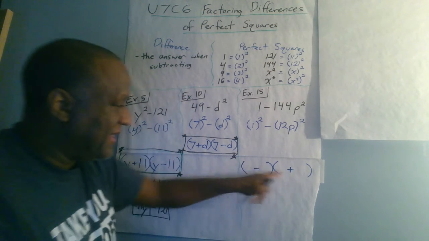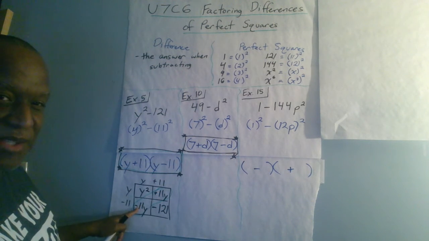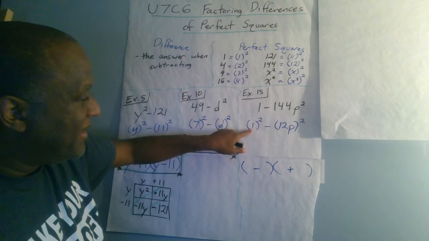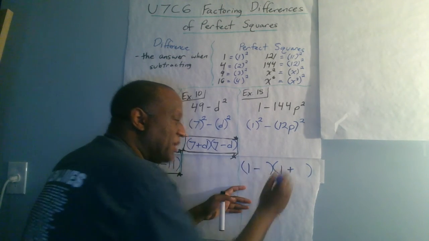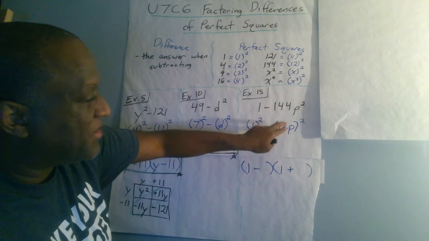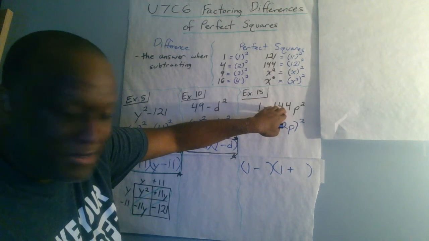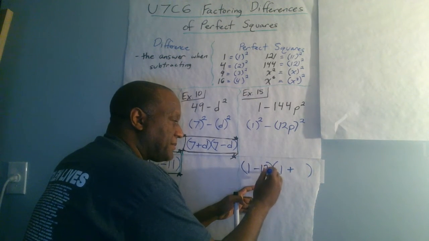The key is that these terms are different so that the middle term does cancel out, because we only want two terms left here. Whatever term is being squared here, that's going to go first for both binomials. And whatever the second term is being squared to give you that second piece, that whole 12p will go into both.